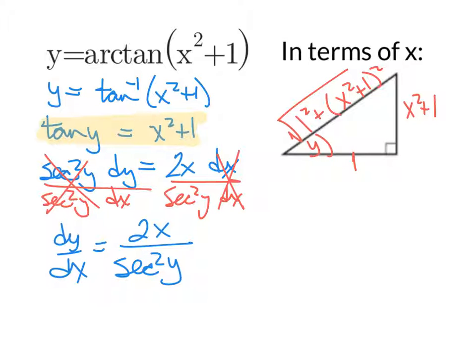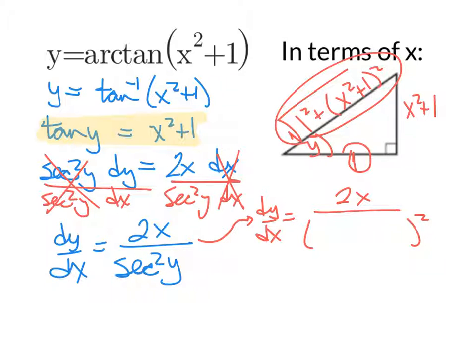Now we have enough to rewrite our derivative in terms of x as 2x over secant squared of y. Going back to my triangle, secant is the reciprocal of cosine, so instead of 1 over the square root, it'll be the square root over 1.